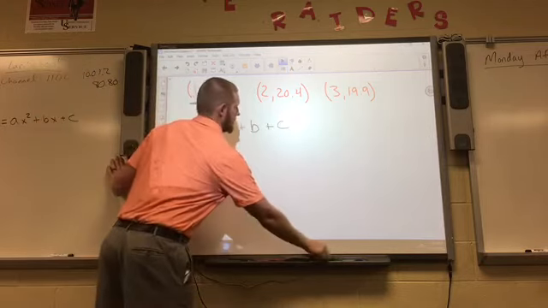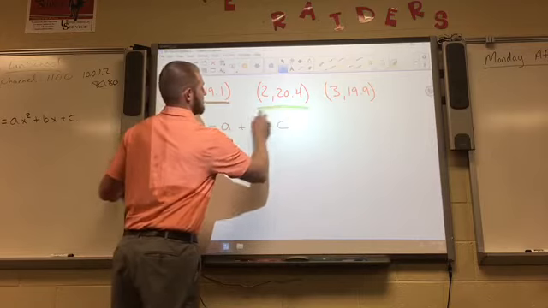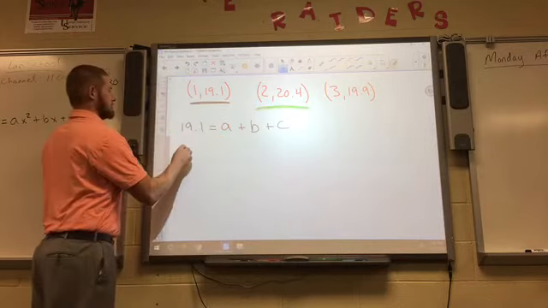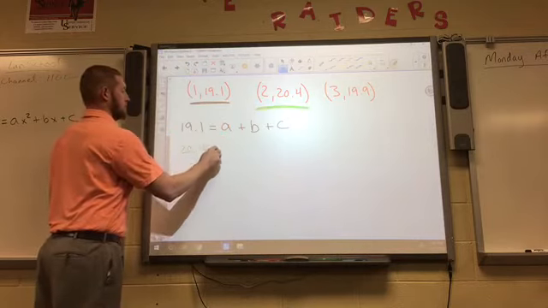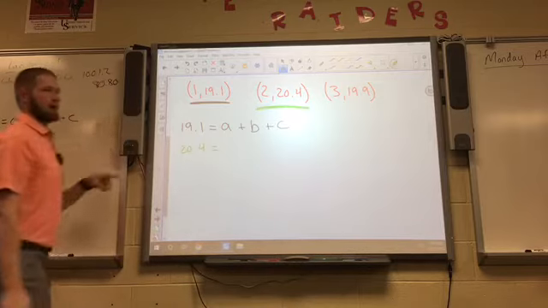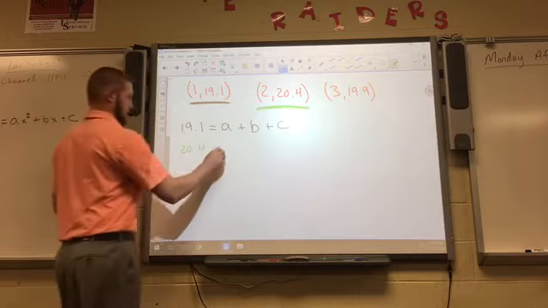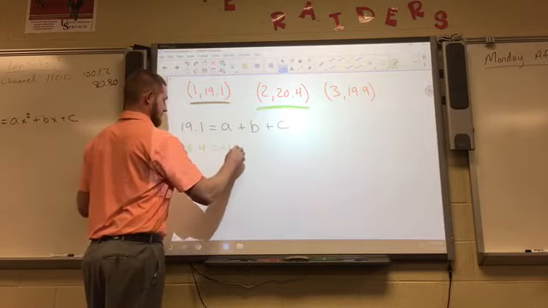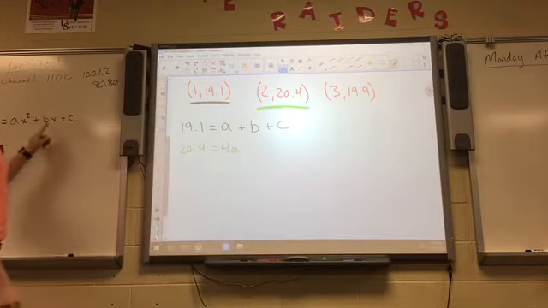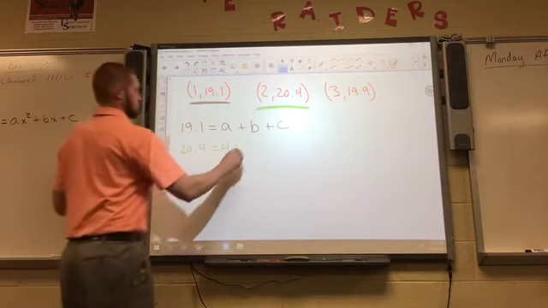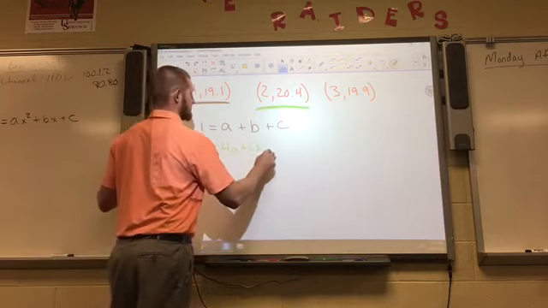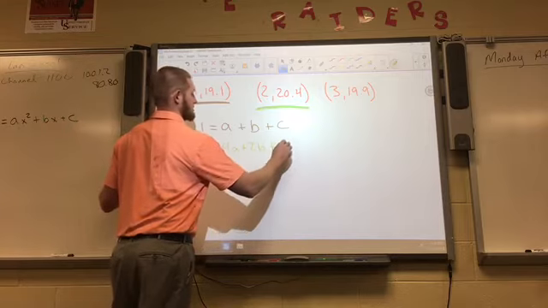Okay. And then I go to the next one. My y value is 20.4 equals, this time my x is 2, so when I square it I get 4 times a is 4a. B times x, which is 2, is 2b plus c.